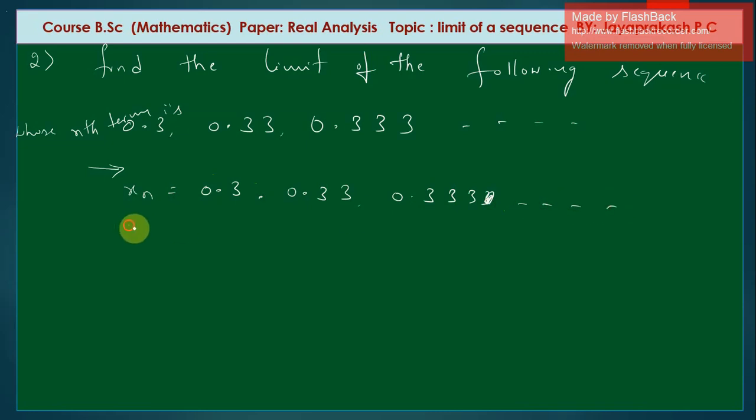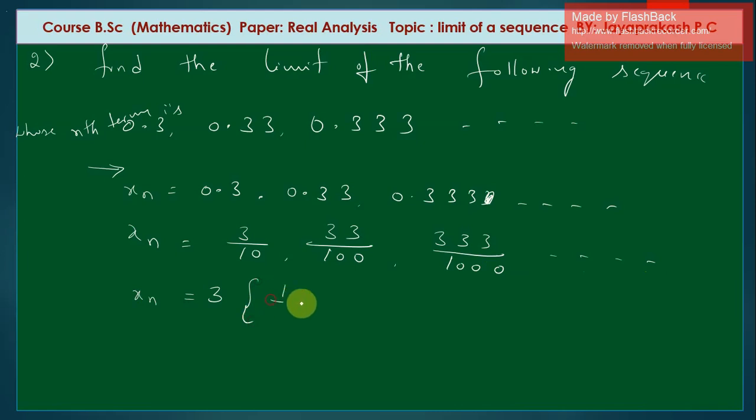So this can be written as 3 by 10, 33 by 100, 333 by 1000, and so on. If we take 3 as a common factor, we get 1 by 10, 11 by 100, 111 by 1000.